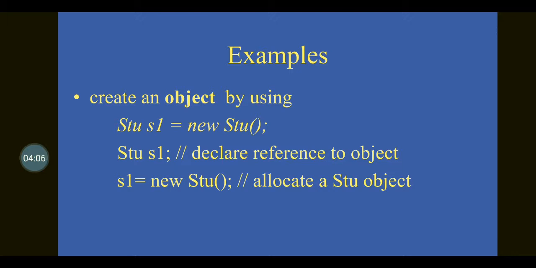As an example, for the class Student, let us create the object s1 equal to new Student(). The new is the keyword used to allocate the memory, and Student() is the constructor. Another way to create an object is to declare the object in the first line, that is Student s1, and then in the second line allocate the memory to the object through the keyword new.